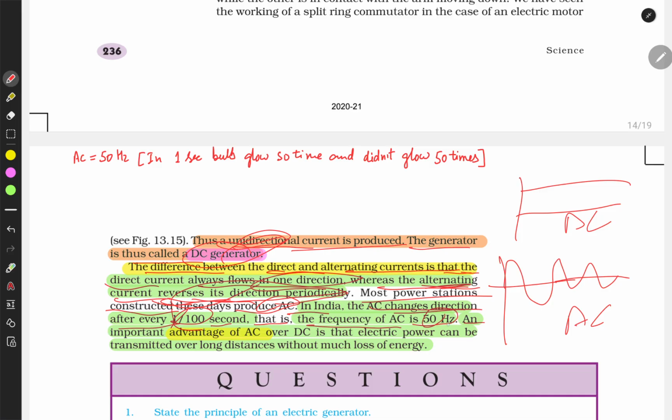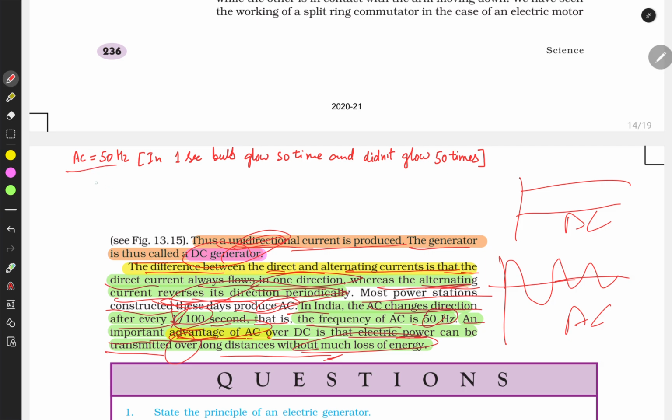An important advantage of AC over DC is that electric current can be transmitted over long distances without much loss of energy. So AC is used, because it gets less lost in long distance transmission.